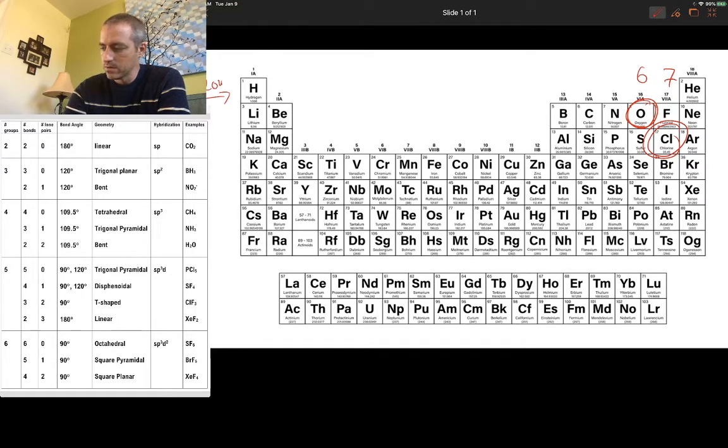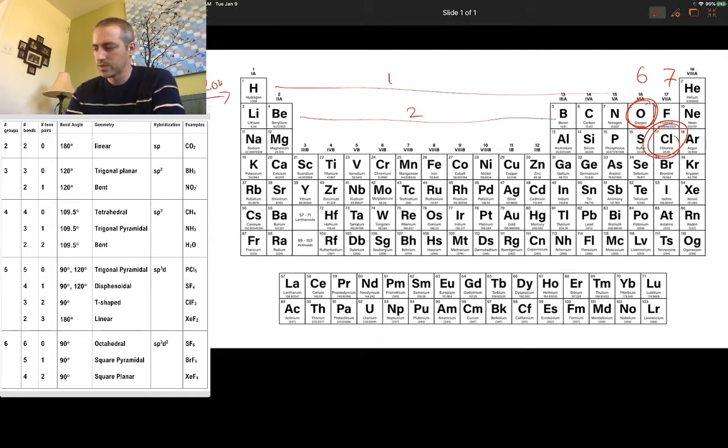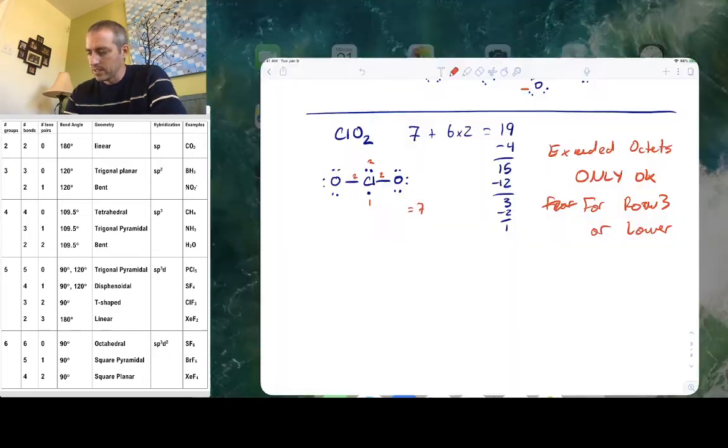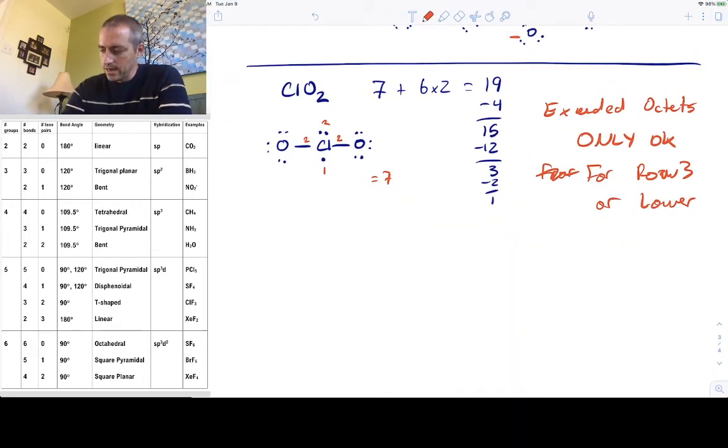This is row 1. This is row 2. In organic chemistry, we hang out most often in row 2 because carbon, oxygen, nitrogen are there. This is row 3, so if the atom is in row 3 or lower, it's okay to exceed the octet, and chlorine is in that row. So that's what we're going to do then, I guess.